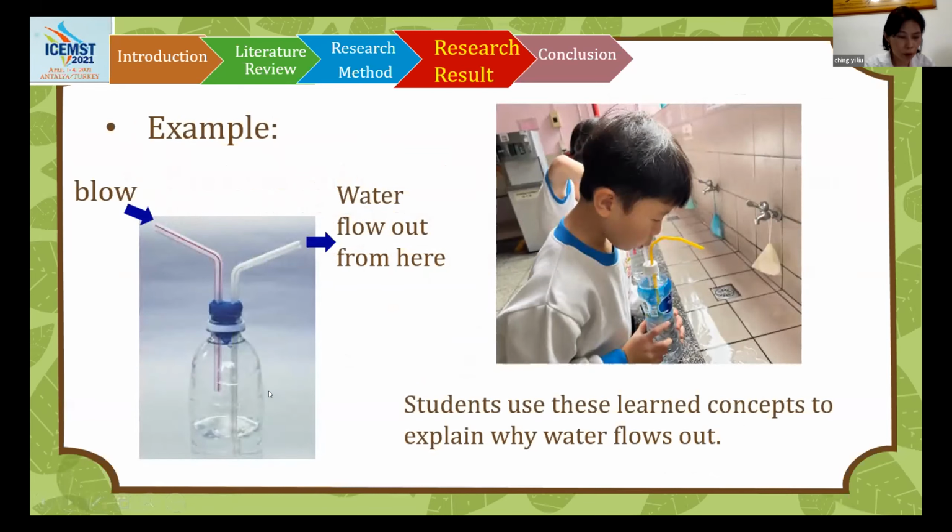We see this photo. The bottle has 2 straws. The teacher lets students blow into one straw, and the student will see the water fall out from the other straw. All students have fun and explore the rhythm in the game. Students use this learned concept to explain the water flowing out.